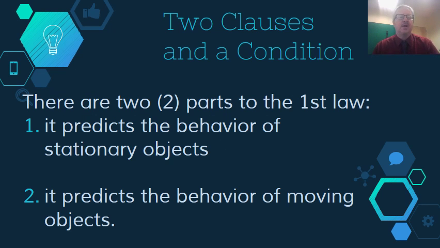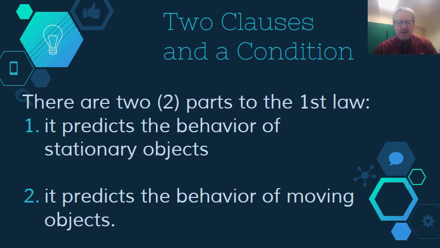That's pretty cool. And he talked about Newton's first law and his second law, but we're going to dissect the first law a little bit further, because I want to point out to you that there are really two parts to the first law. The first part predicts the behavior of stationary objects, and the second part predicts the behavior of moving objects.